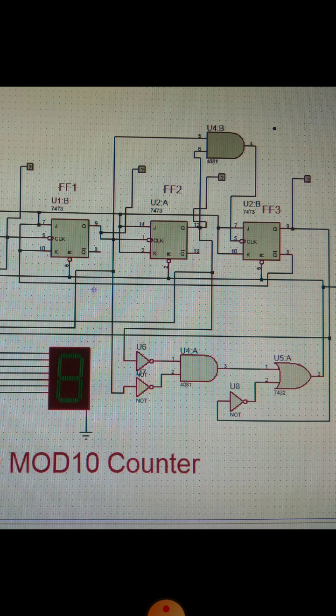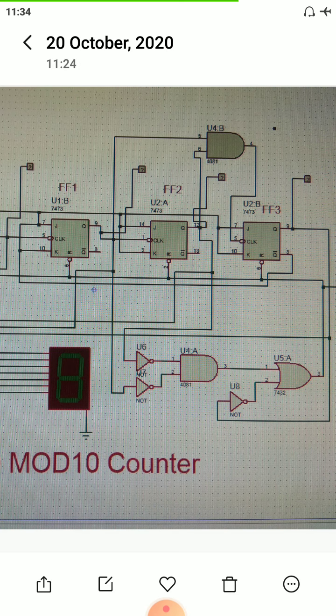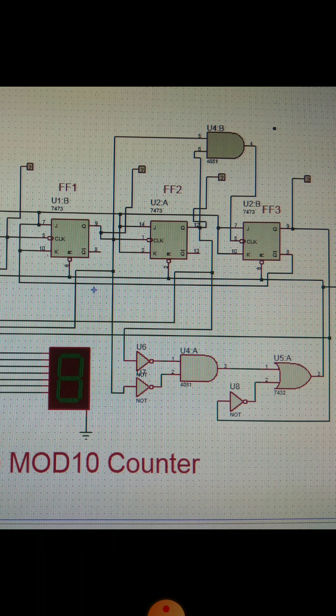In that video you can check it. Y at that time was Y equal to D bar plus B bar dot C bar, right? That was your reset logic for this mode 10 counter.